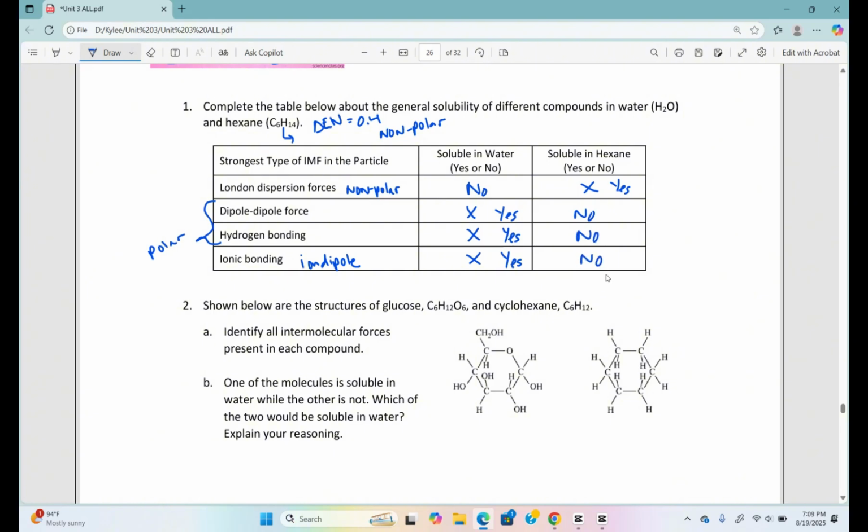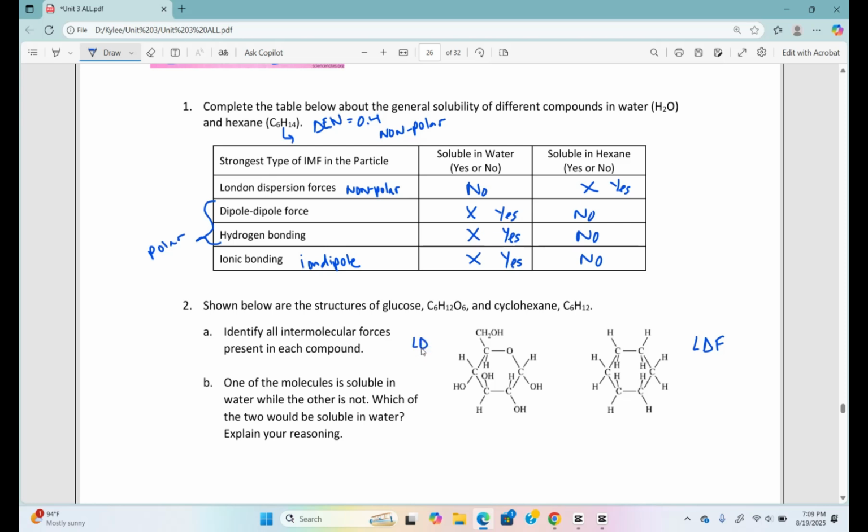All right, in the second question, it says, shown below are the structures of glucose and cyclohexane, and they want us to identify all the molecular forces in each compound. So for hexane, over here on the right, it's only carbon and hydrogen, so the only IMF that it can experience is London dispersion.